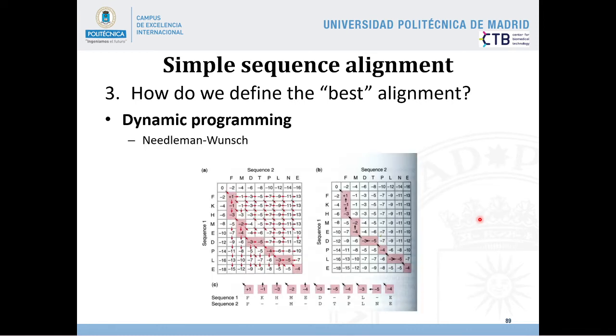Okay. Here you can see what the Needleman-Wunsch does. It keeps all the scores, for example using the BLOSUM or the PAM substitution matrices.